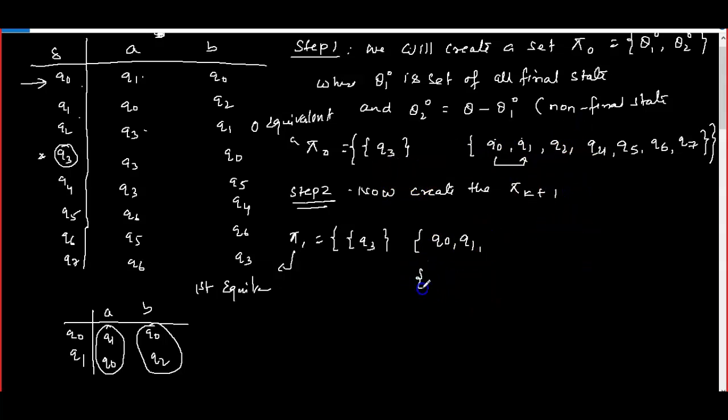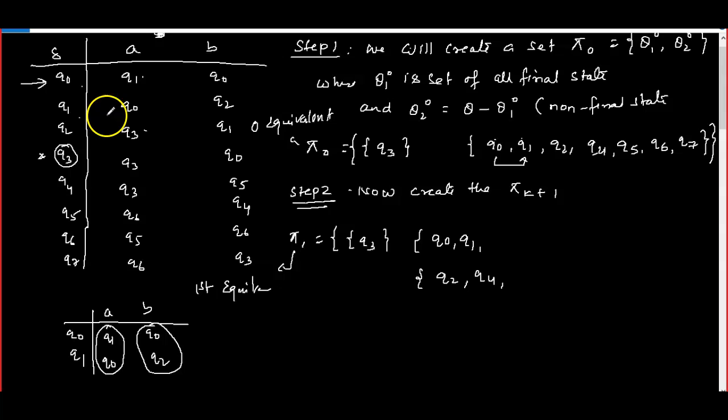I will write it here as another set, Q2 is a different set from Q0. No doubt in this, you just split. Similarly, check Q0 and Q4. This is Q3, this is Q1. So Q3 is a different set, so we split here.